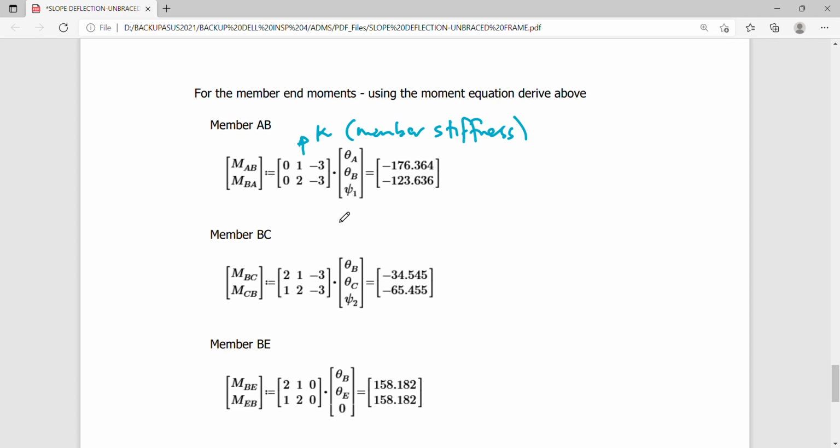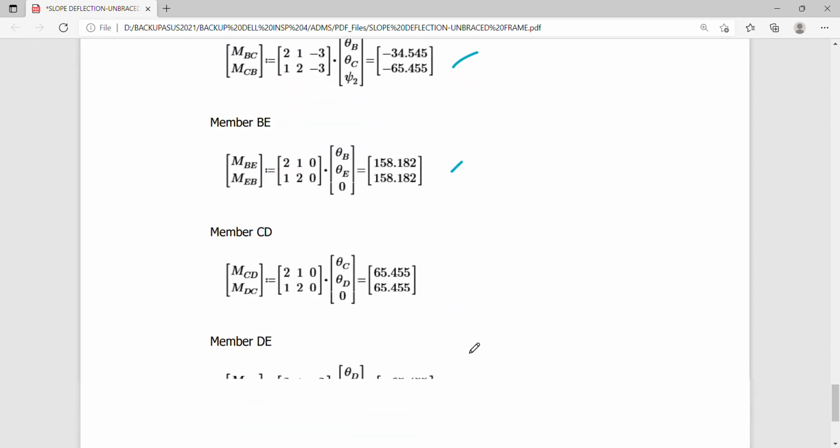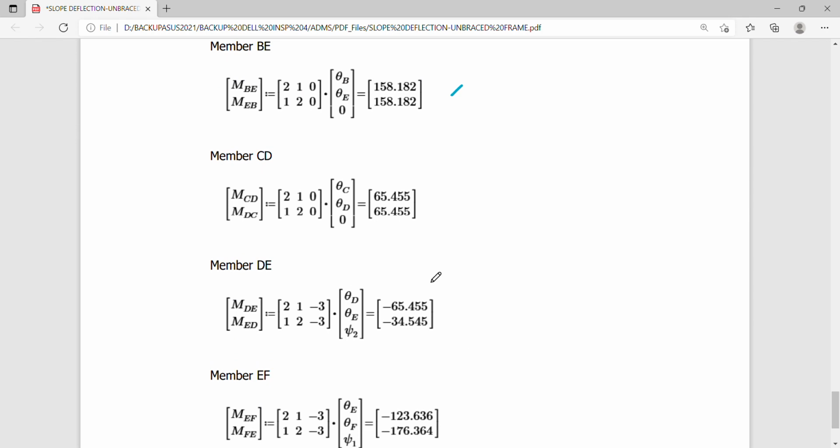All the columns have psi, and all the beams have 0 as their psi value. And automatically, this will be your moment at the member ends, which happens to be symmetrical in some values.